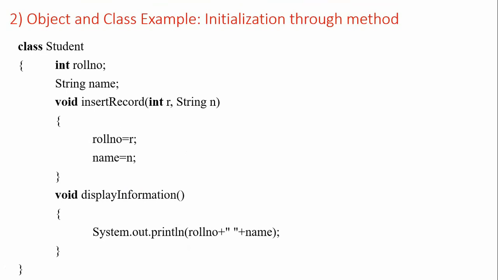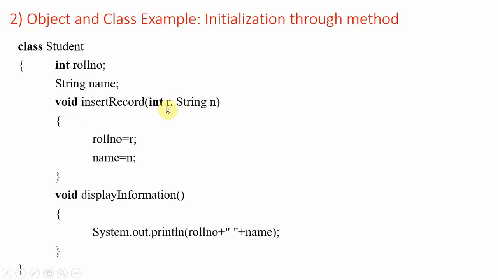The second way to initialize an object is a method. We can create a class Student with int rollNumber and String name. Within the class, these are instance variables, and we are declaring a method. In C we know now, it has a return type, method name, and parameters.